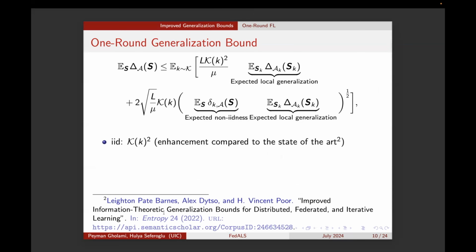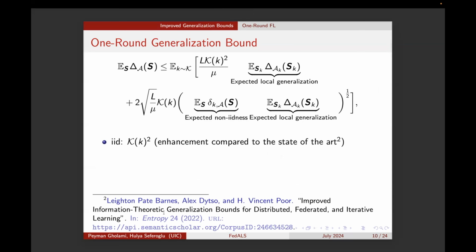So here are the main takeaways from the theorem. First, for the IID setting, where the second term disappears, we see a dependency on each model's local generalization with curly K of k squared. So this curly K of k is the weight we put on node k's local loss in the global loss.